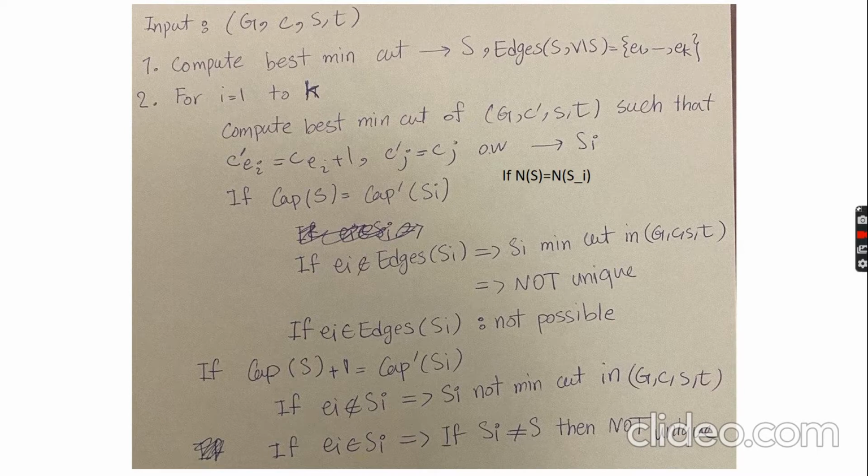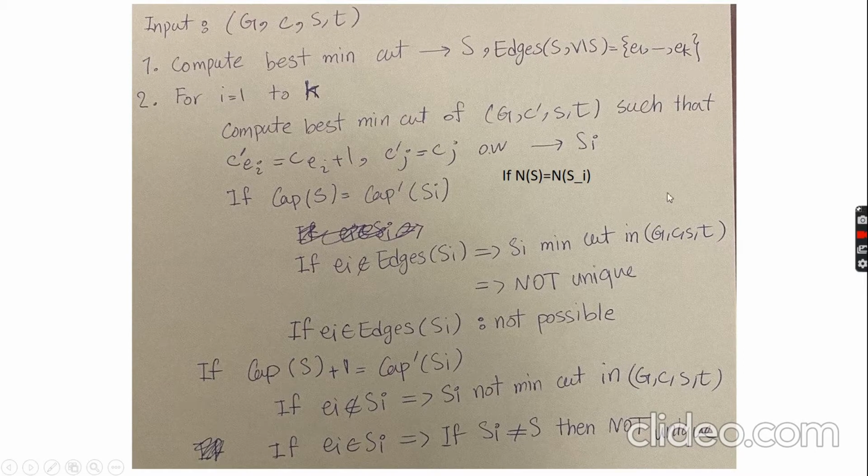So two cases can occur. If you consider this min cut Si, either the capacity of S is equal to the capacity of Si in the new graph, or the capacity of S plus 1 is the capacity of Si in the new graph. So either of these cases happen.